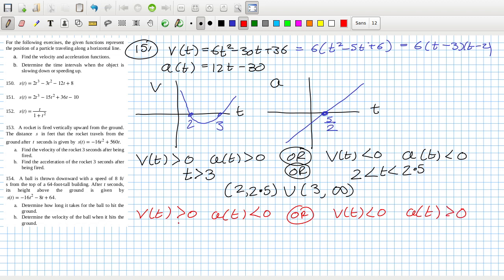So positive velocity but a negative acceleration, so it has to be less than 2.5. So less than 2 would do it. That positive, but that one negative. Or a negative velocity between 2 and 3, so between 2.5 and 3.